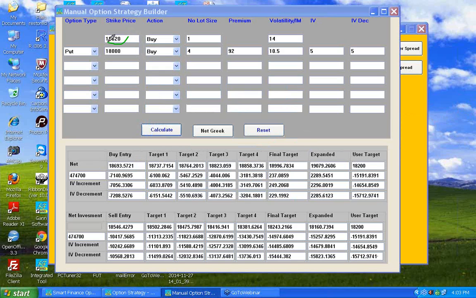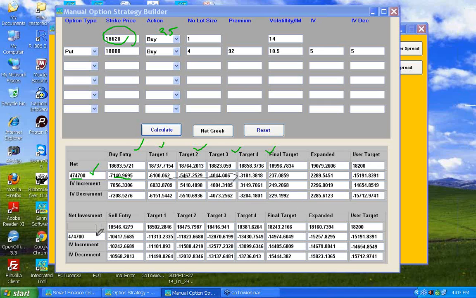currently at the 18,620 level I have a net investment including the future buy. Future buy means 25 into 18,620, some 4 lakhs and odd, plus the put option, so I have a net exposure of 4 lakhs 74,700. Here at buy entry price and target 1, target 2, target 3, target 4, my profit and loss is explained.